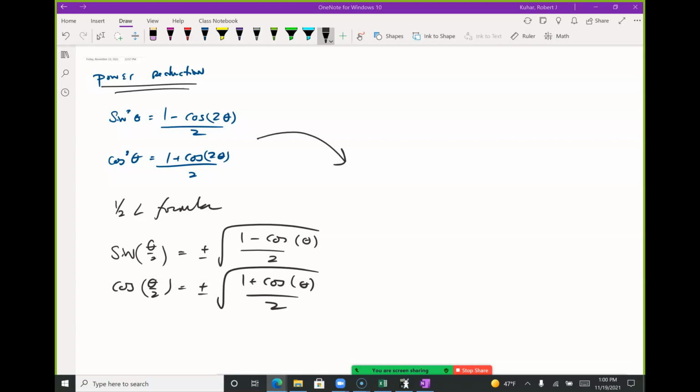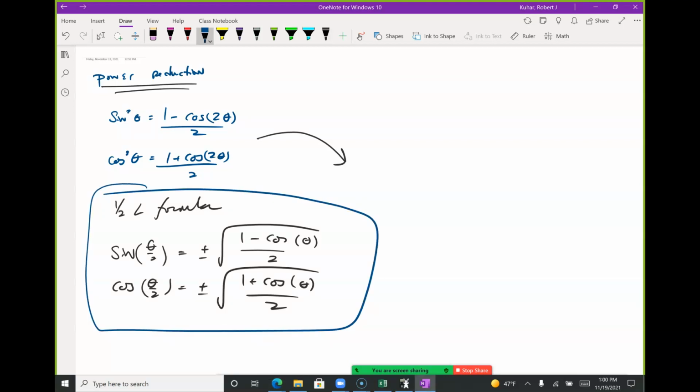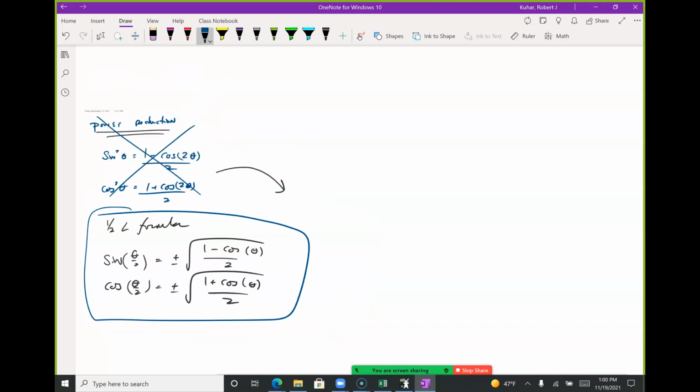Yeah, I got it right. I shouldn't have had the 2 theta. Yeah, this is it. So these are the ones that I'm going to ask you to put on your formula sheet, the half angle formulas, not the power reduction. You'll use the power reduction in Calc 2.